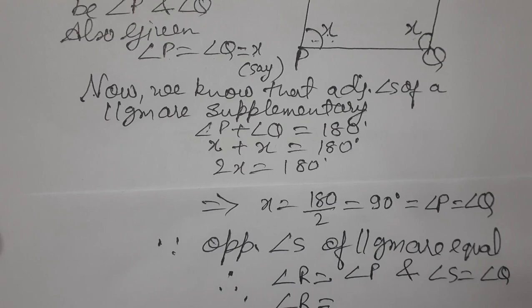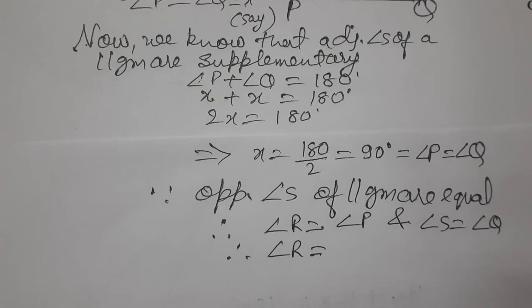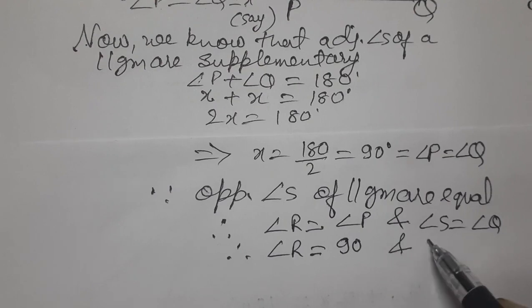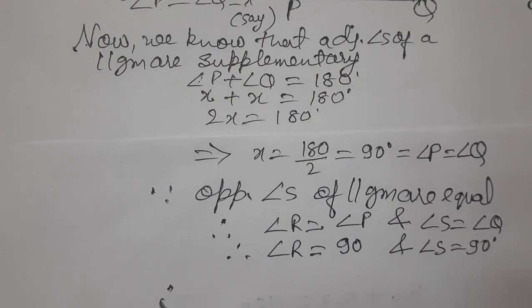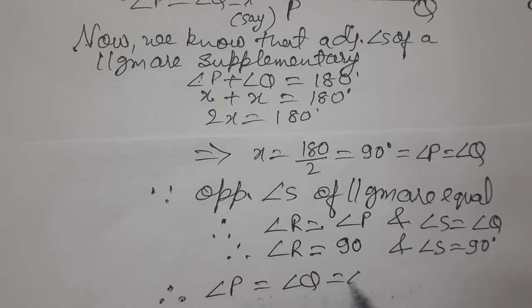So angle R equals angle P. What is angle P? 90 degrees. And what is angle S? It is also equal to 90 degrees. Therefore, angle P equals angle Q equals angle R equals angle S equals 90 degrees each.